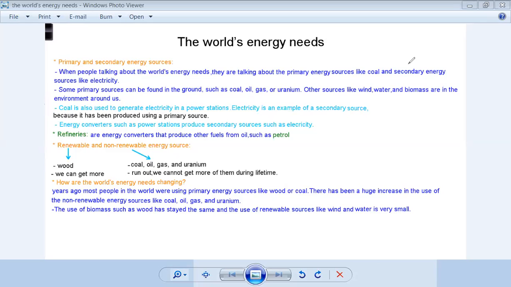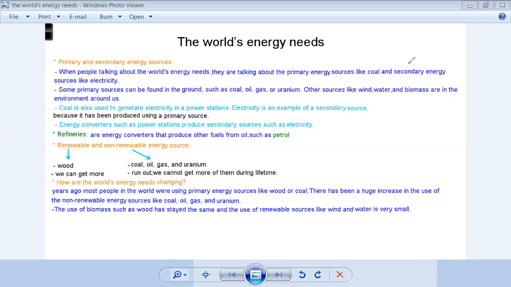Okay, here, some primary sources such as coal can be used directly to heat homes or cook food. And coal is also used to generate electricity in power stations. So we can use it for electricity in power stations, or we can use it at homes to generate heat, okay?